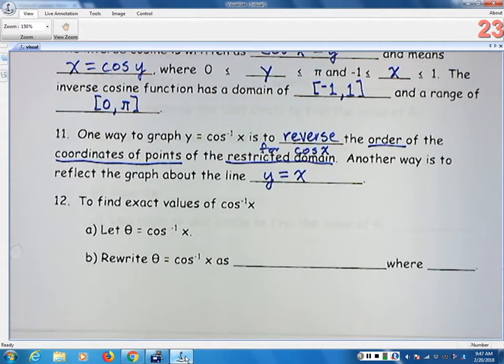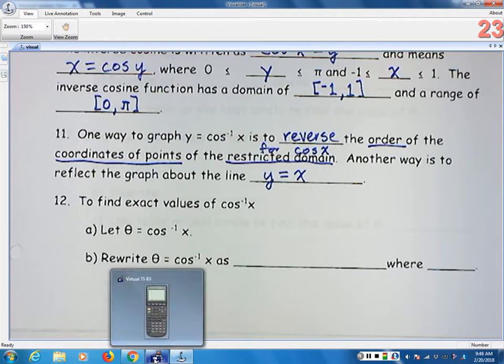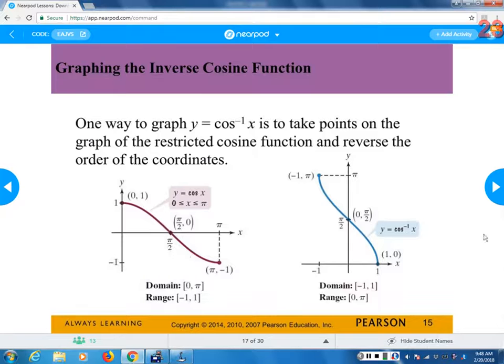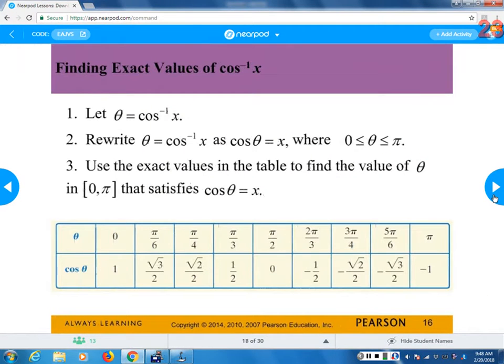So we're going to find some exact values of inverse cosine. The steps are the same as for sine.